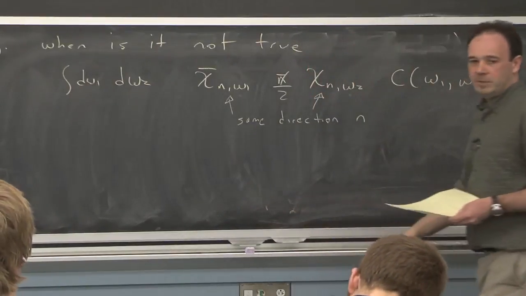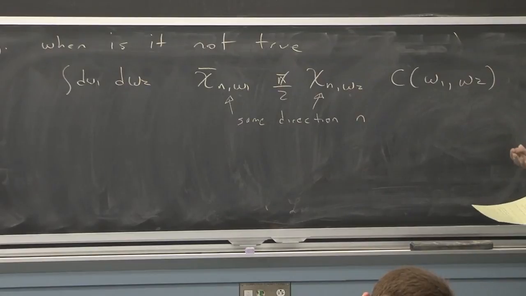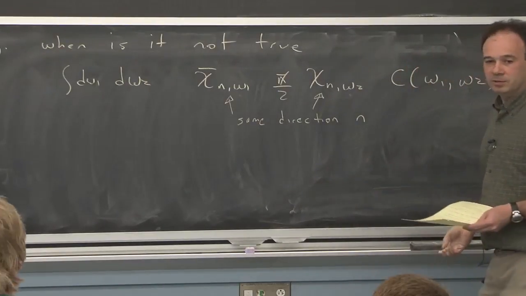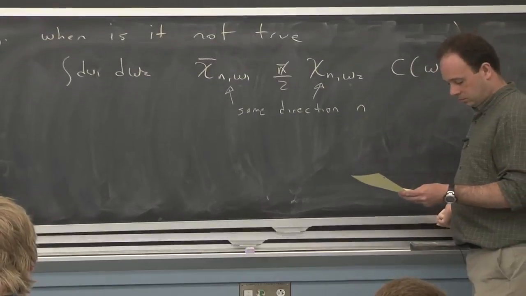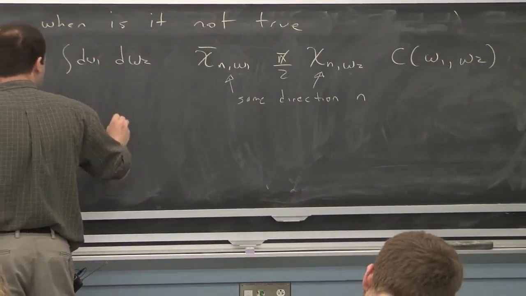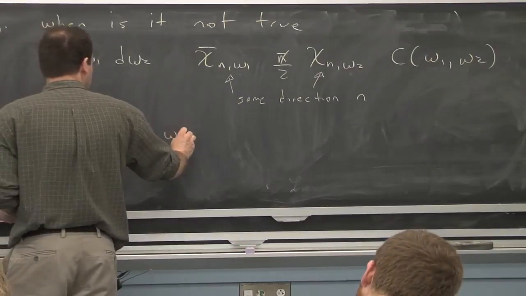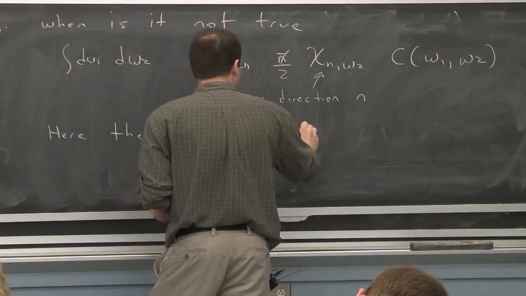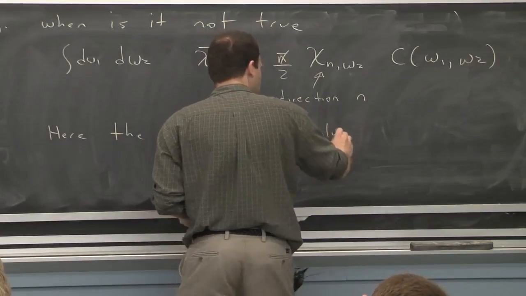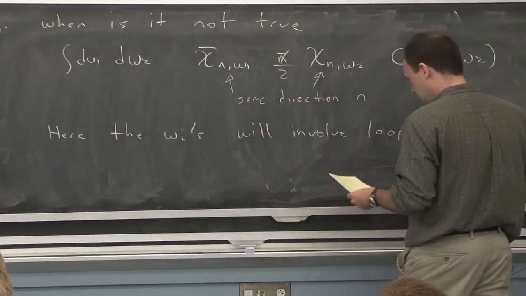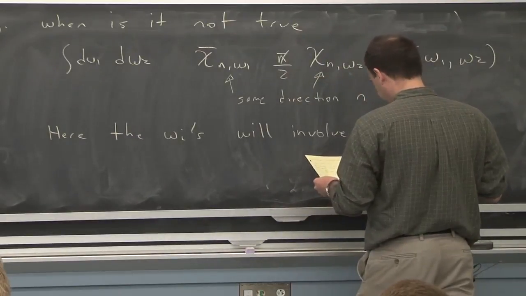And in this operator here, we would actually no longer be in the case where this thing would totally decouple from the loop integrals. So if we think about inserting this operator, then some of these W's will involve loop momenta.